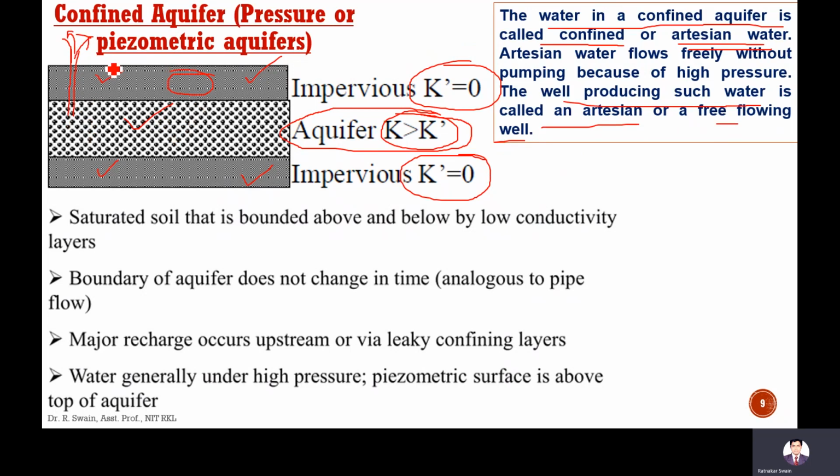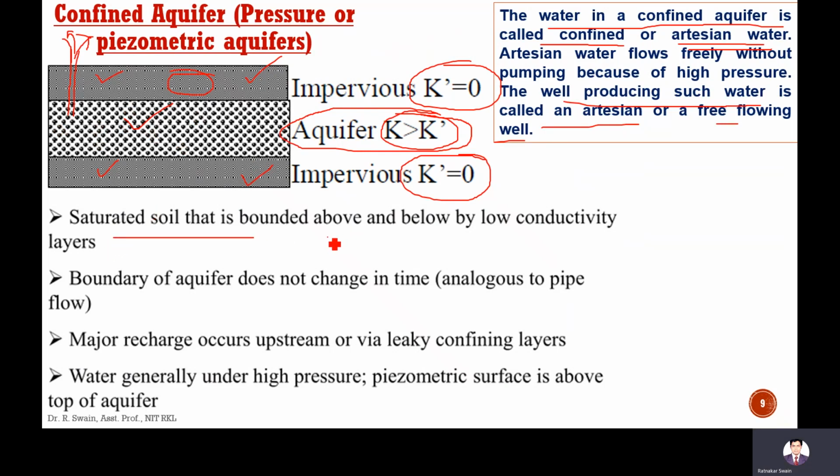Many times, in many locations, you have seen water coming automatically from the ground. That is because this water is under high pressure, and this is the confined aquifer zone. So if you bore in the confined aquifer zone, you will get water without any pumping.